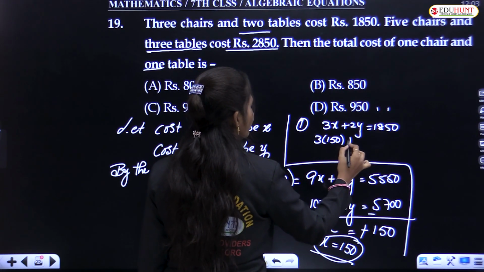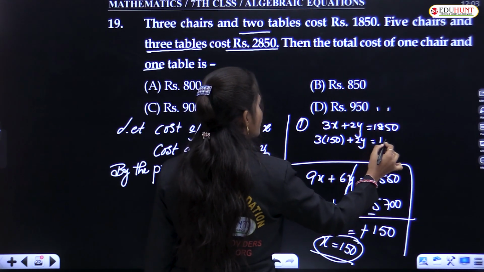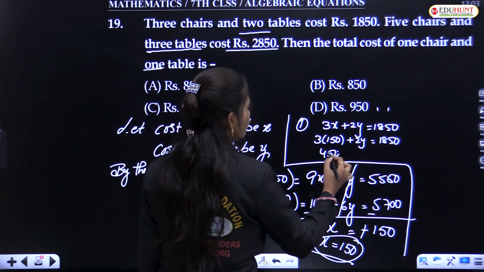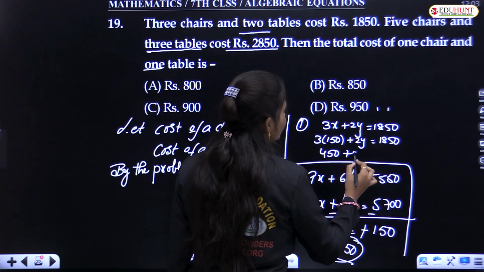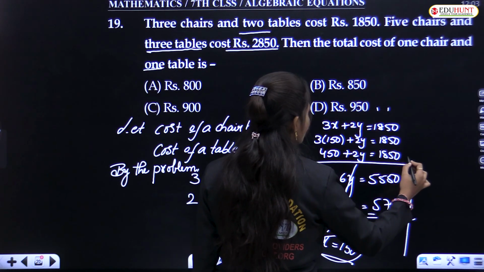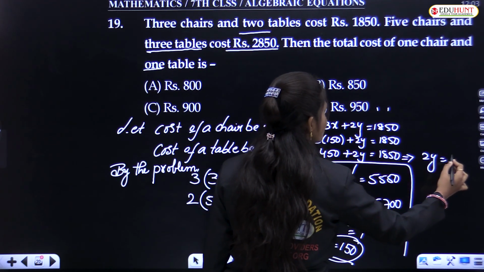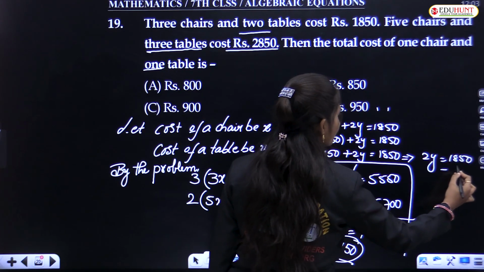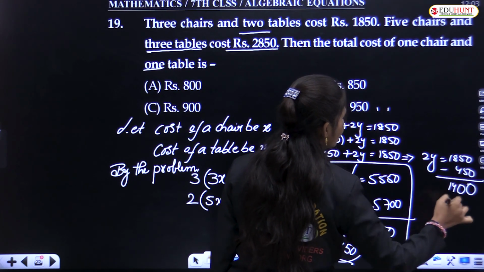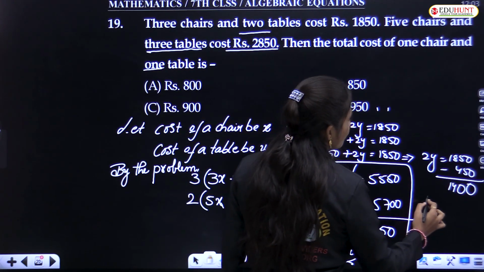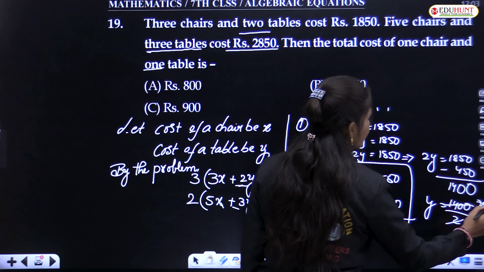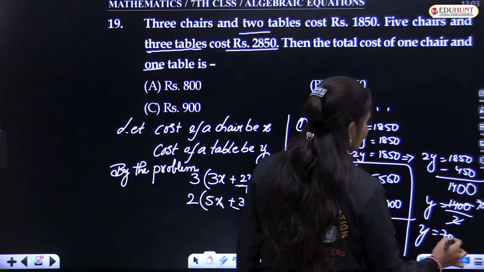So 3 into 150 plus 2y is equal to 1850. 3 into 150 is 450, plus 2y is equal to 1850. So 2y is equal to 1850 minus 450, that is 1400. Okay, so y is equal to 1400 by 2, that is 700.